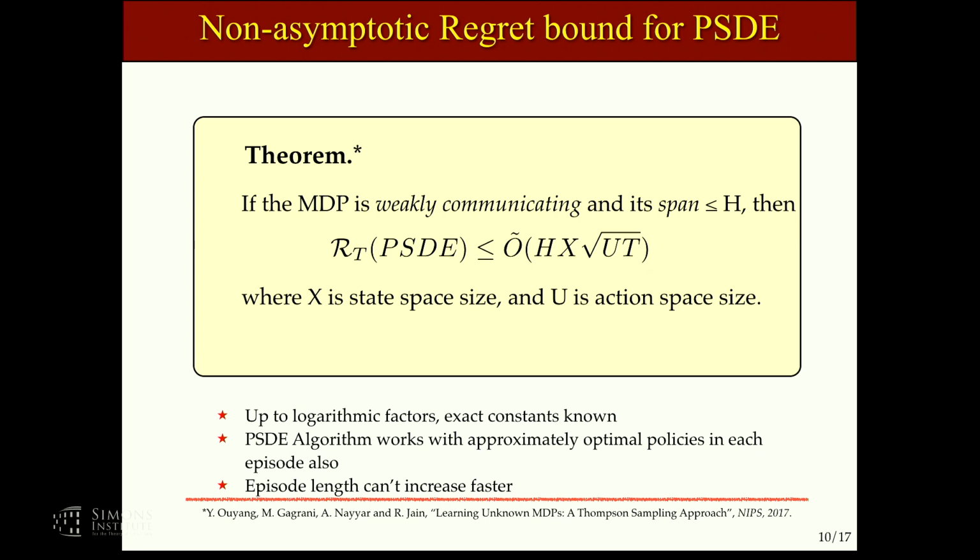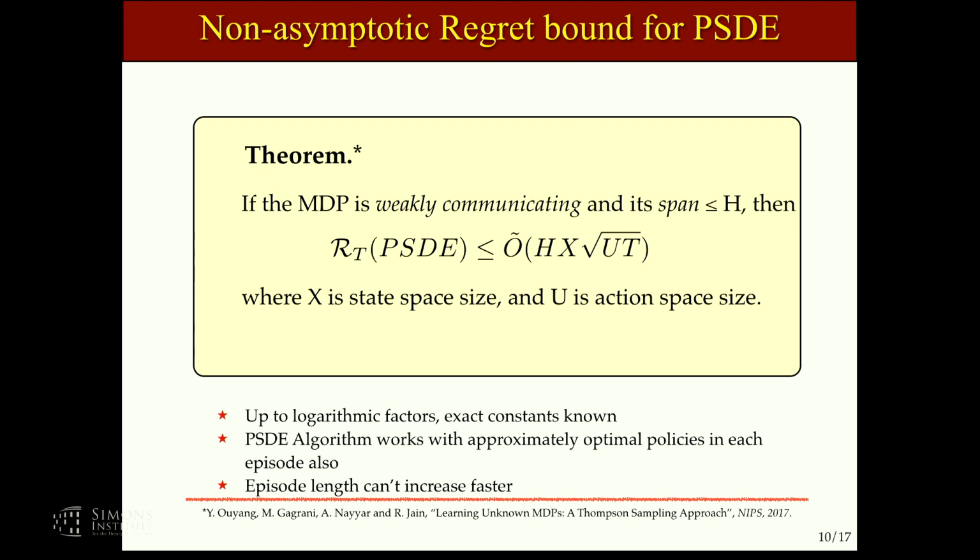Now, why can't the episode length increase more than one each time? That's not an artifact of the proof. In fact, empirically, we found that you can't do more than that. Is there another algorithm that can have a better schedule? We don't know, but we tried other schedules, and it turns out that increasing the episode length by one or by some constant is the best you can do.